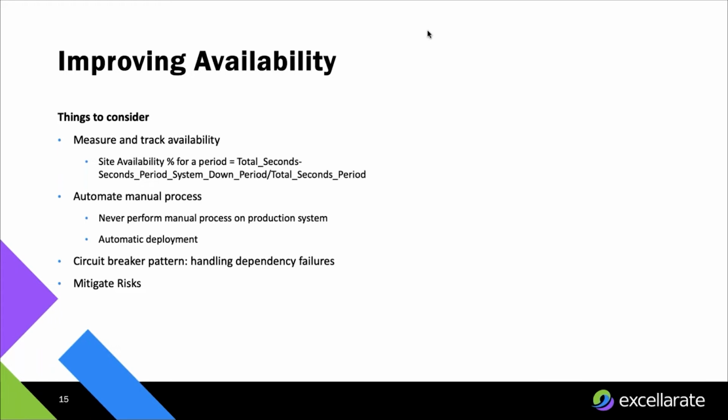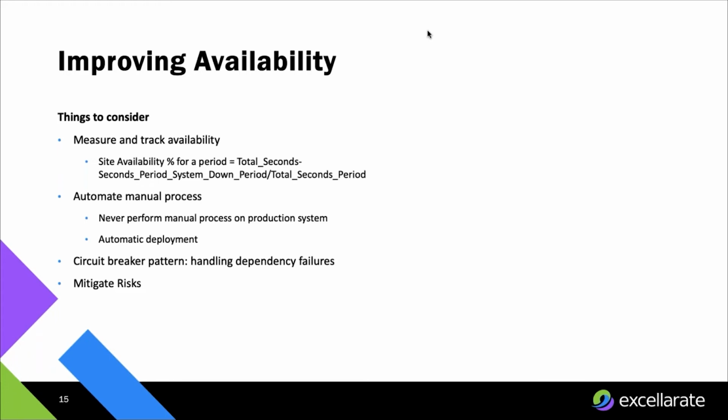So we need to monitor it and automate the manual processes, right? If there are multiple servers and you see an issue on one server and you apply a fix, it works well, make sure you apply the same fix to all the other servers, because that will make all the systems consistent.